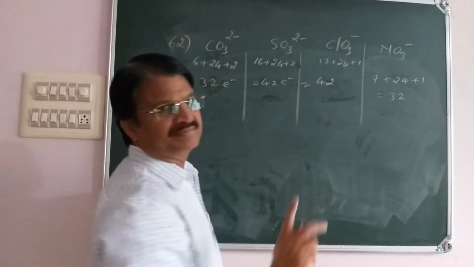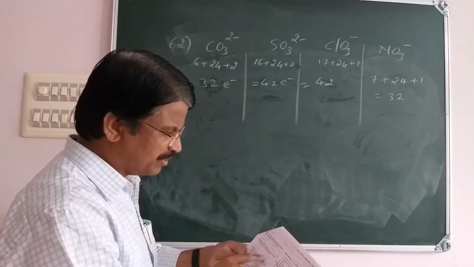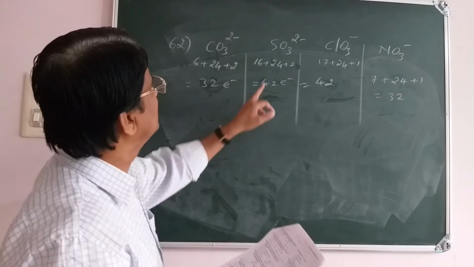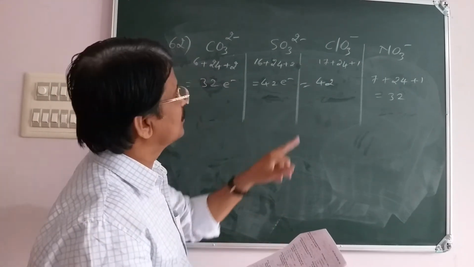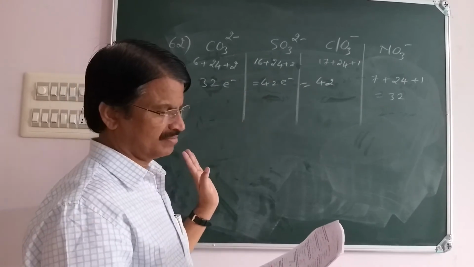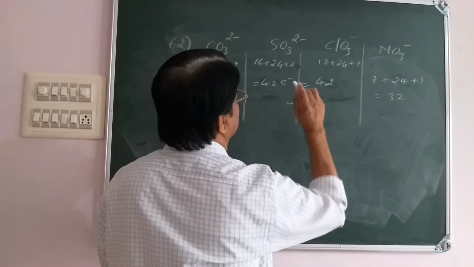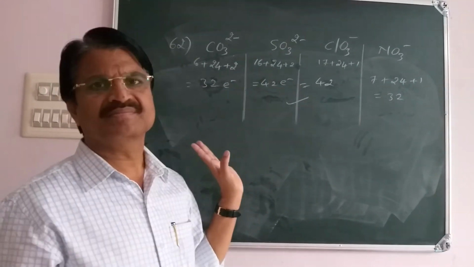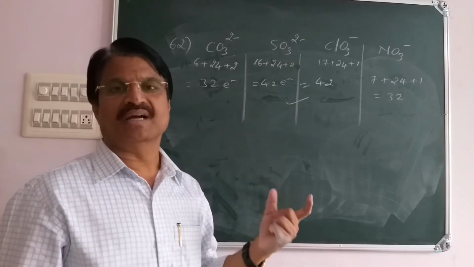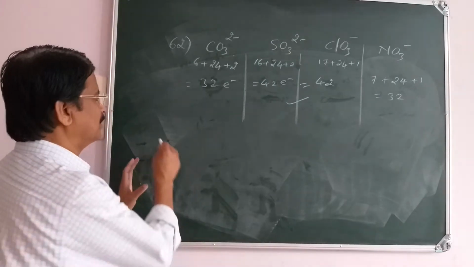CO3, NO3 combination is not given. Next, SO3, ClO3, right. But these you have to select. Isoelectronic also we proved. But to find isostructural, what would we find out? Number of hybrid orbitals.